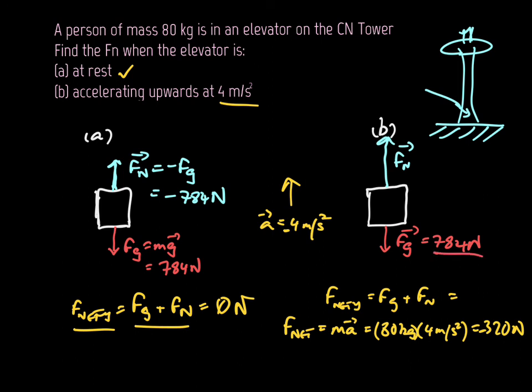And you can work this out using equations, but basically it is going to be 320 bigger than that. So it's going to be 1104, I believe. Okay, so that's an example of where you have two examples where normal force is not so normal, not equal to force of gravity.